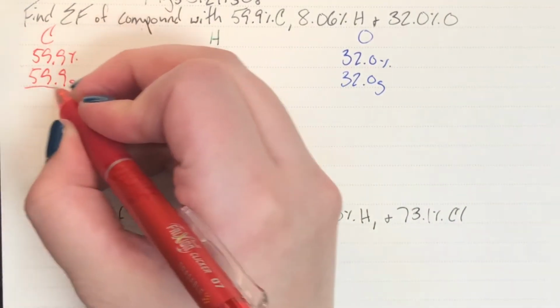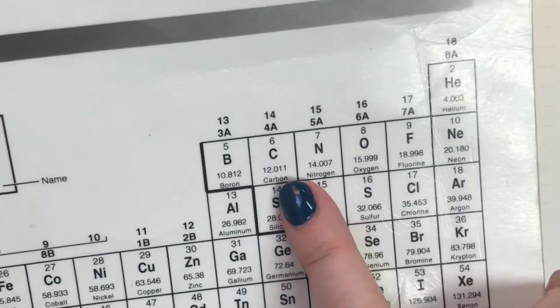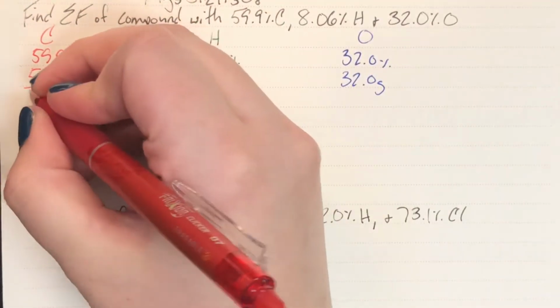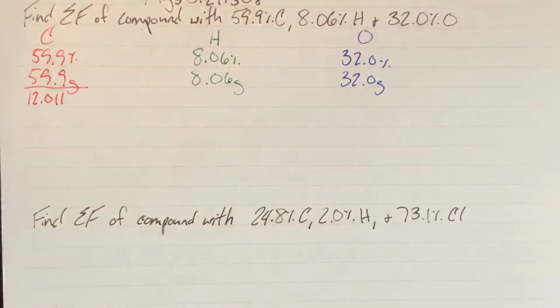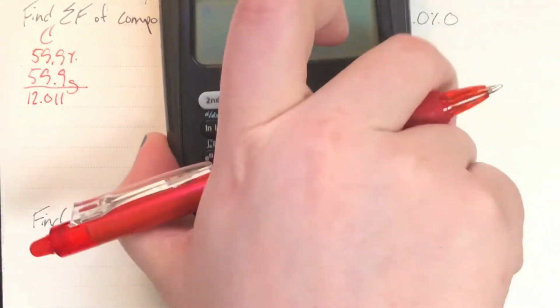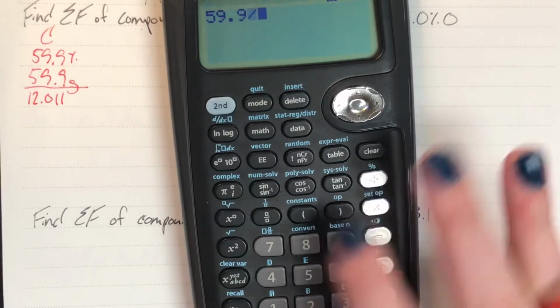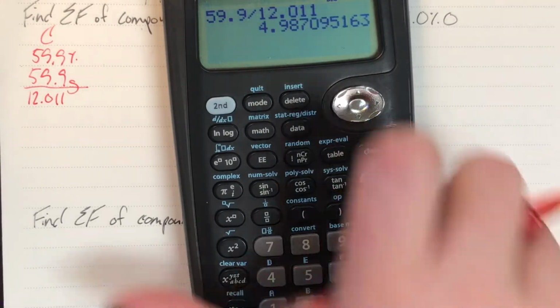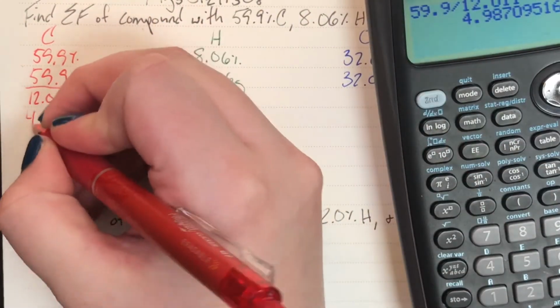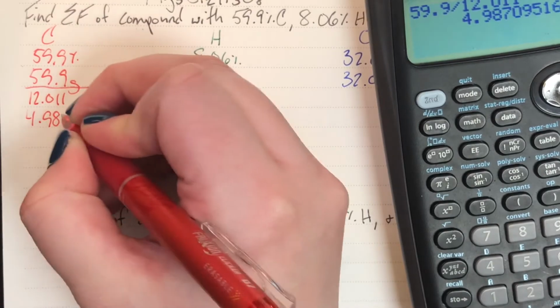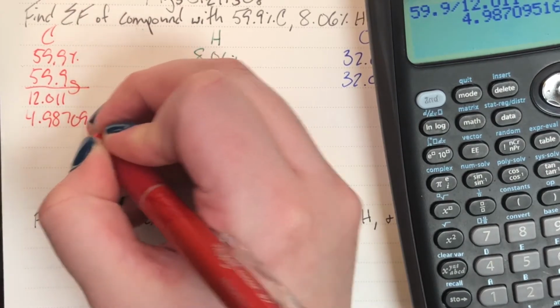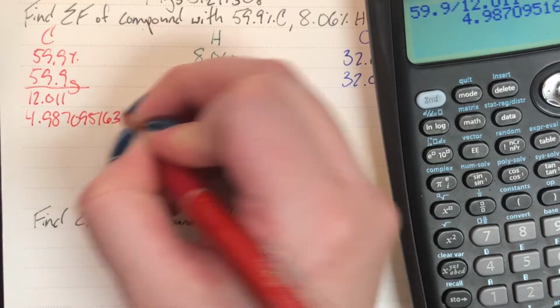So I'm going to be dividing carbon's mass by 12.011. So 59.9 divided by 12.011 gives me 4.987095163.